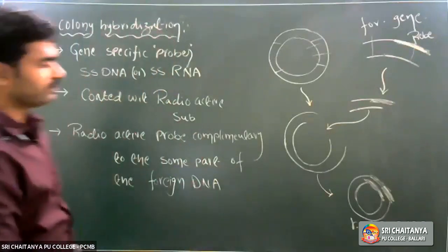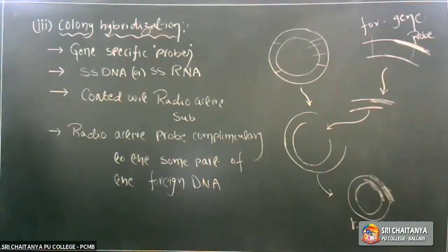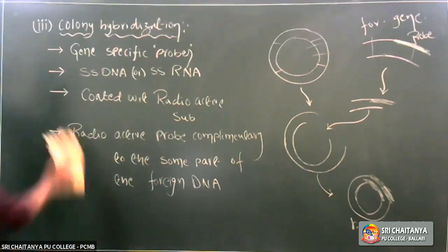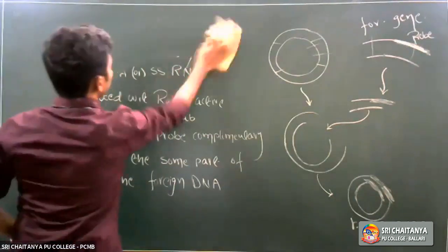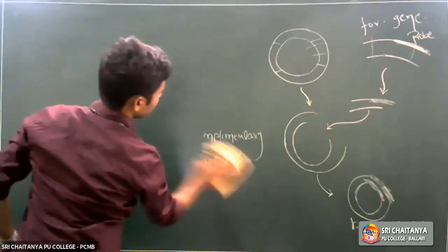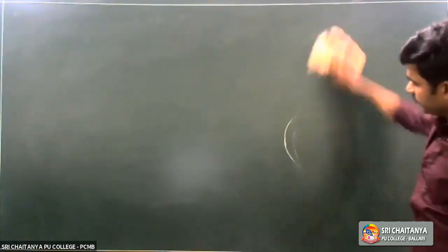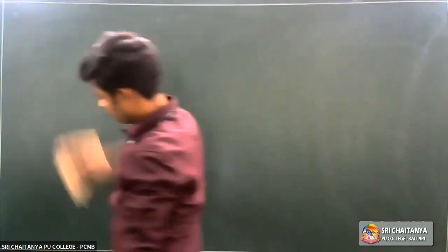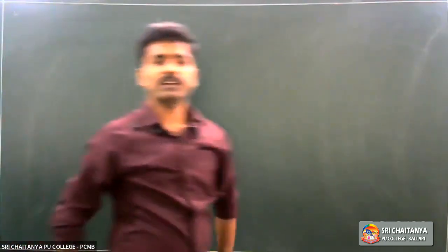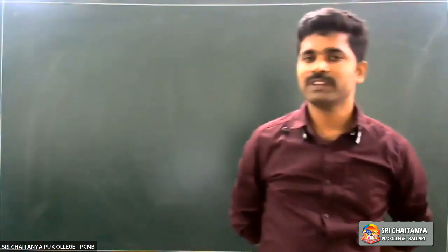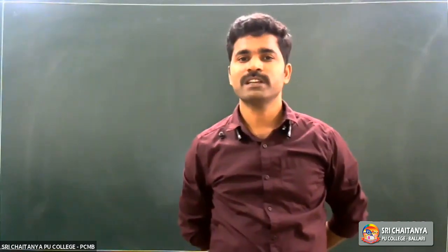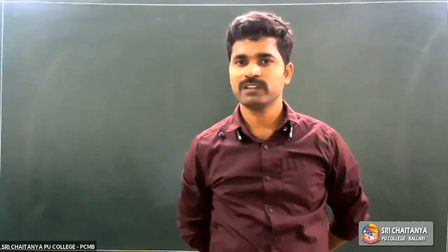Next step, right? Done. So now come to the next step, that is obtaining foreign gene products. See, in the first step we isolated the genetic material DNA. In the second step, we fragmented that genetic material DNA by using restriction endonuclease enzymes.